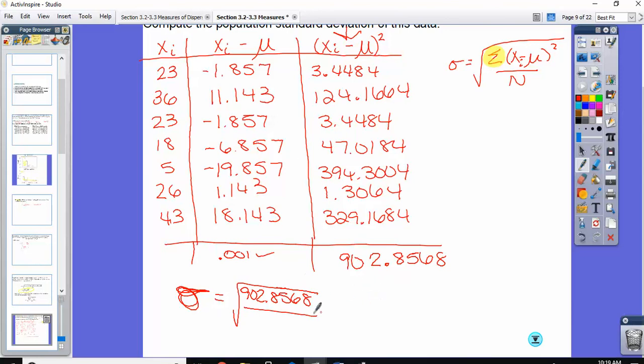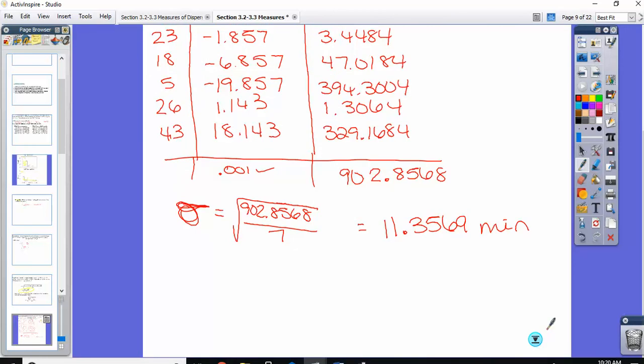How many points do we have? 7. So type that in your calculator. And I get a standard deviation of 11.3569 minutes.